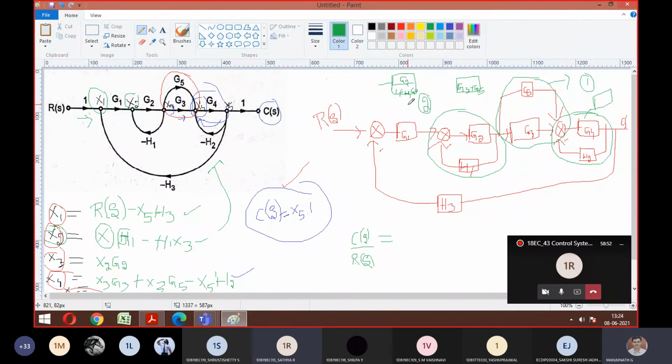The numerator you are going to get is G1 G2 G3 G4 plus G1 G2 G4 G5. Sir, I cancelled G1 and G2 in the denominators by taking common. You're taking G1 G2 common? So in the denominator every value is having G1 G2. Just check out once.